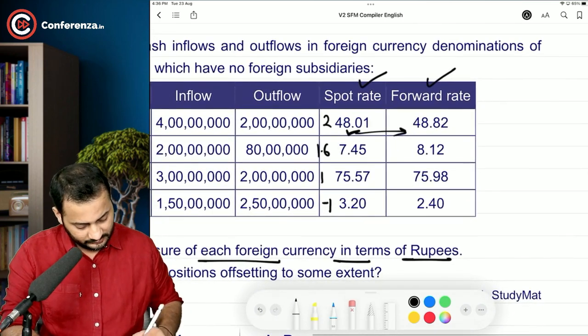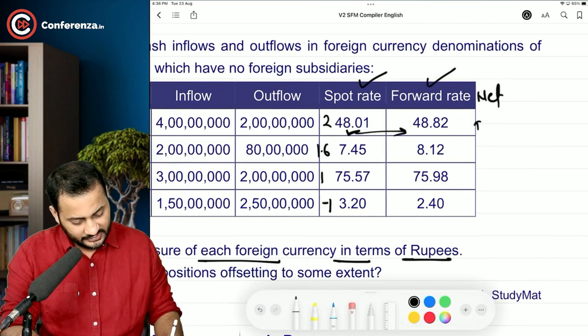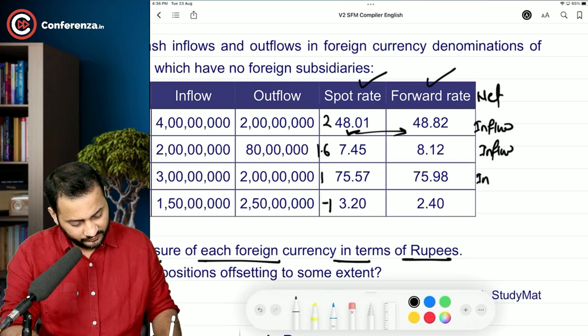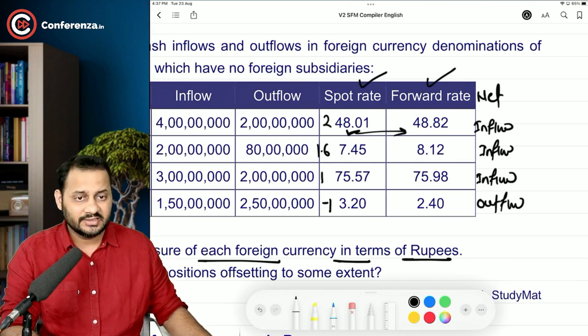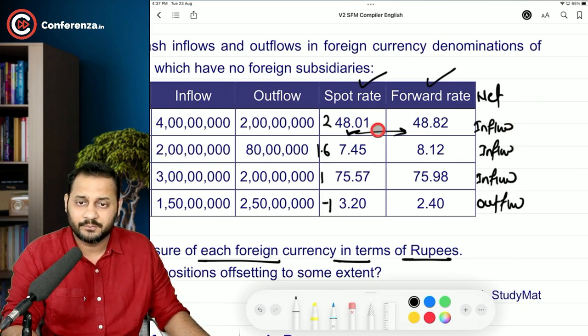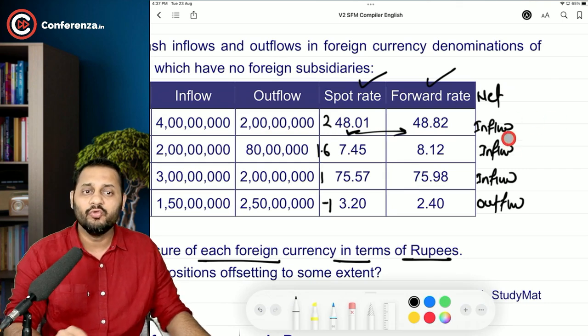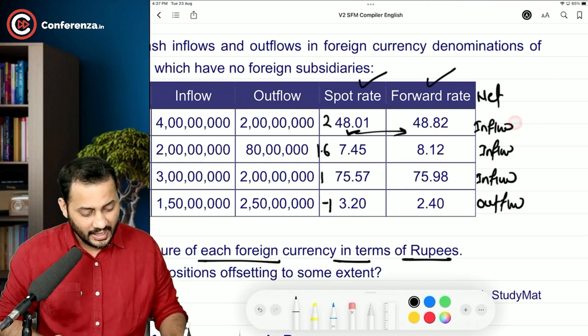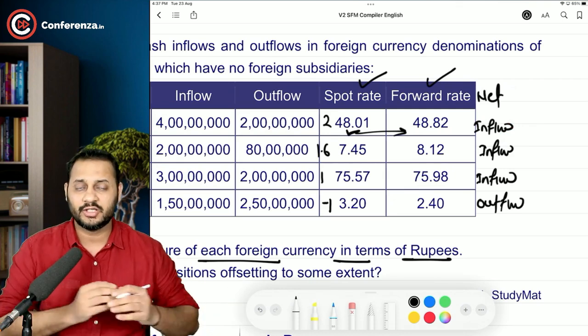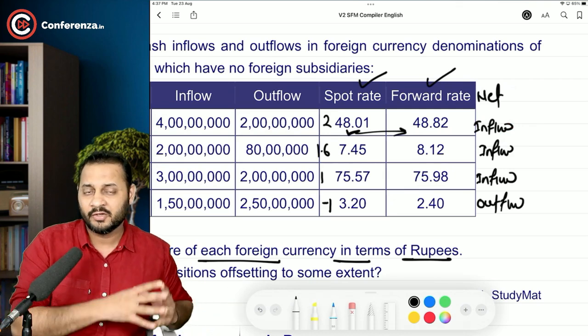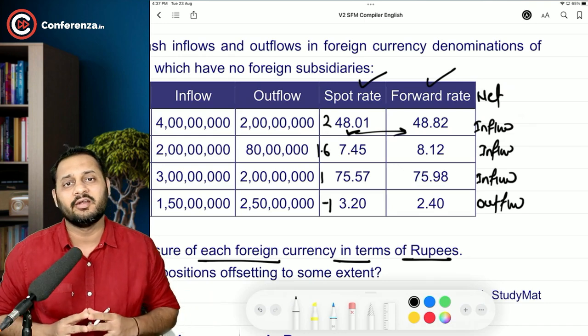Net is inflow and outflow. Since there is an inflow in the first 3 cases, after deducting outflow from inflow, the net amount is inflow. You would want the forward rate to be higher than the spot rate so that you can get more money when you convert that under forward.